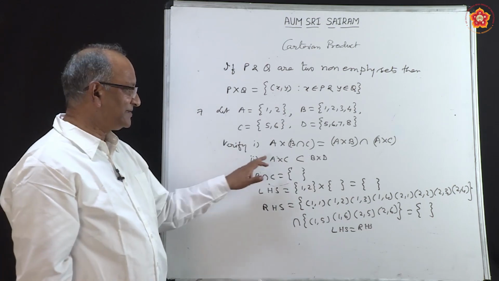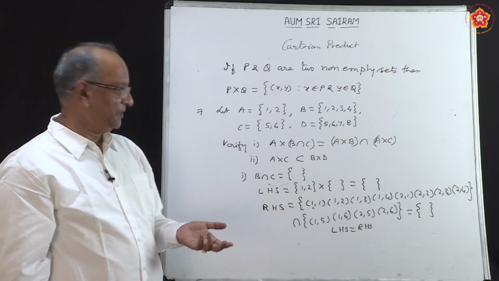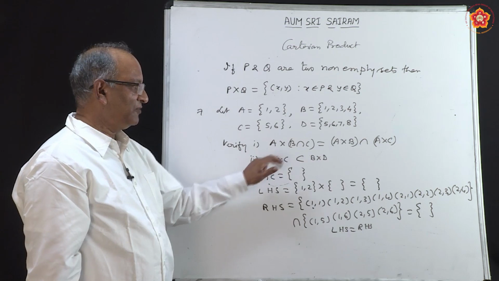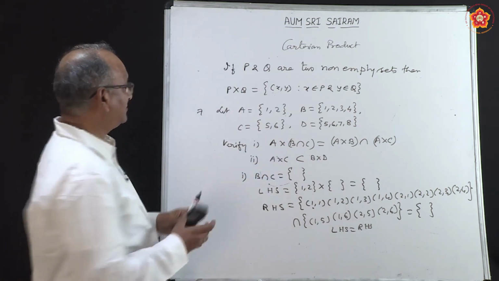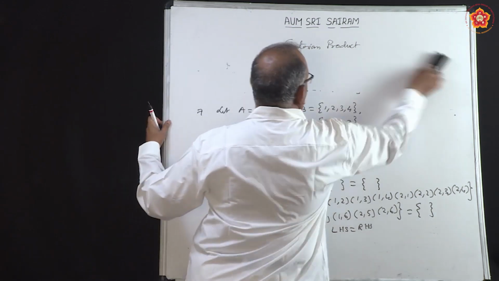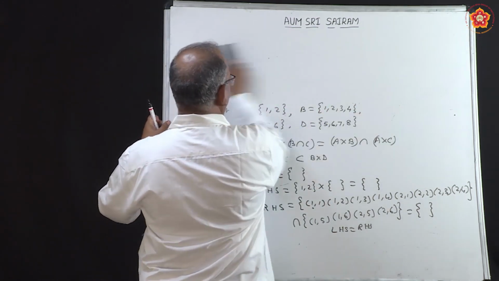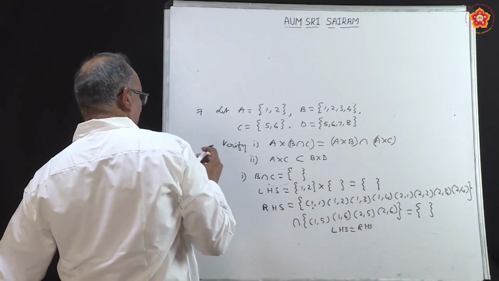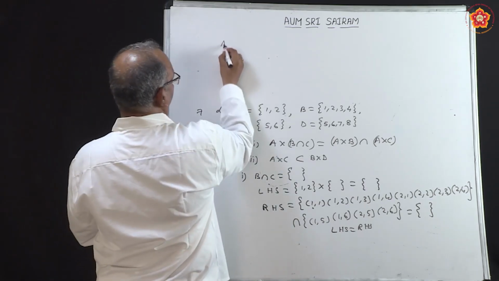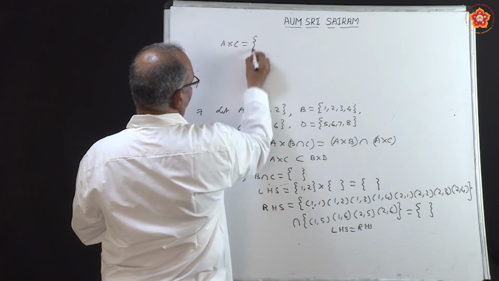How do you verify the second result? Very simple, find out A cross C and find out B cross D. We are doing the second part now. So let us find A cross C. What does A cross C contain?